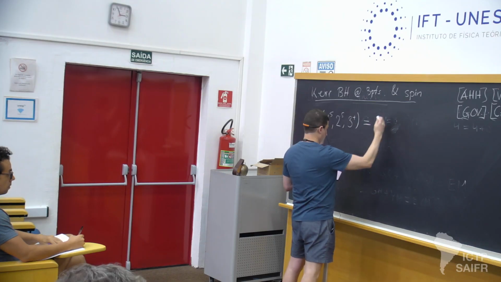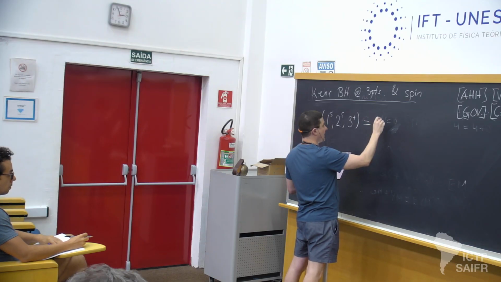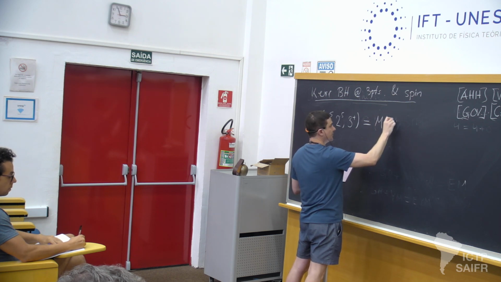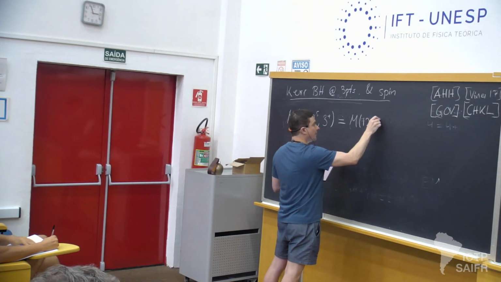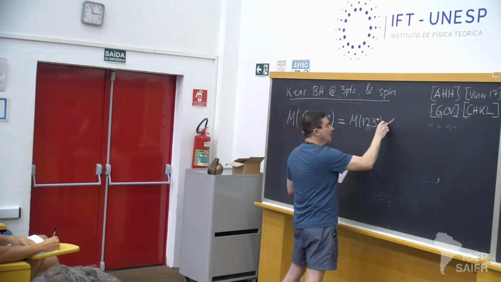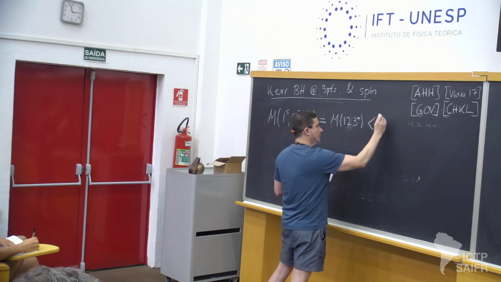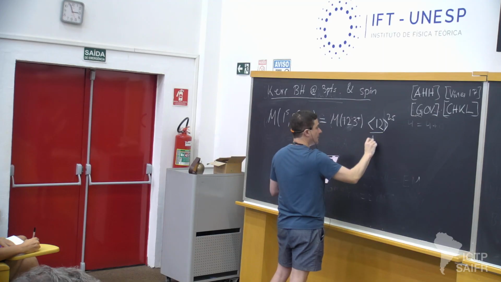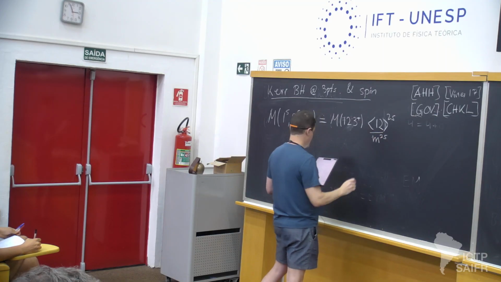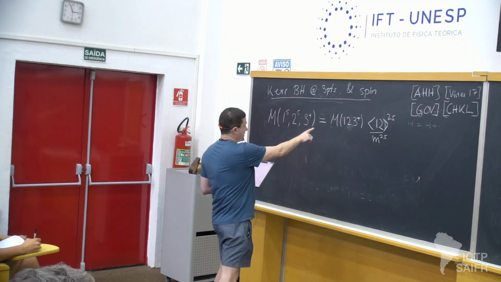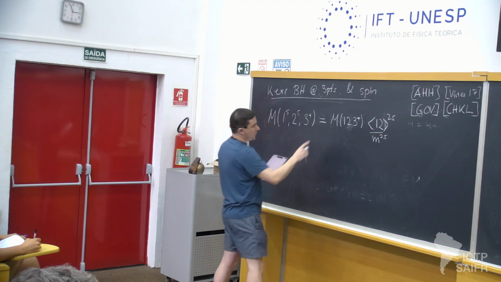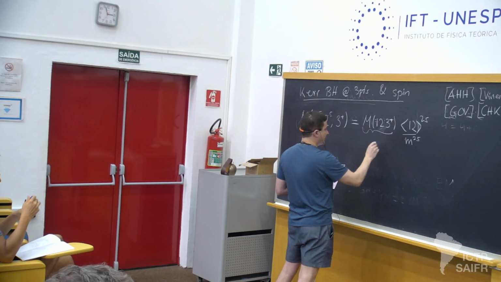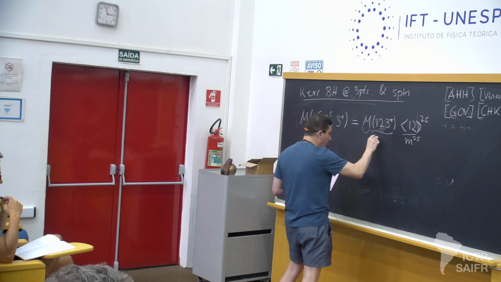And now, I could introduce the x factor, but for simplicity, let me just write it like this: 1, 2, 2s over m2s. So this is basically the same amplitude, but for zero spin. You can also write that as this x squared, I believe.